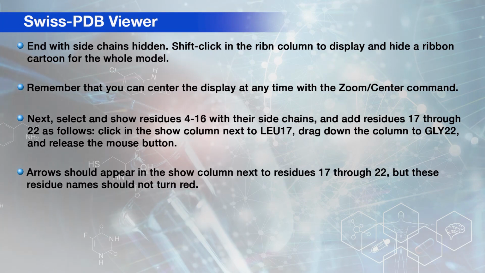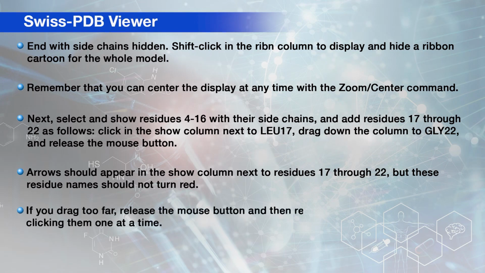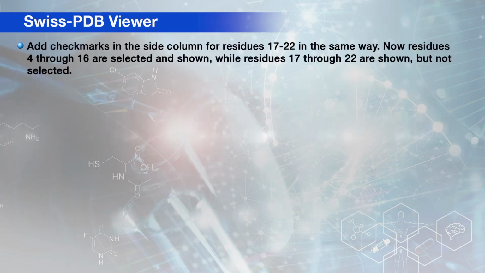Arrows should appear in the Show column next to residues 17 through 22, but these residue names should not turn red. If you drag too far, release the mouse button and then remove unwanted check marks by clicking them one at a time. Add check marks in the Side column for residues 17 to 22 in the same way.